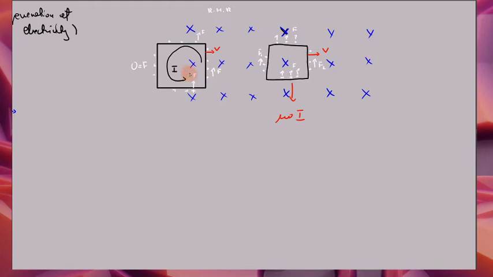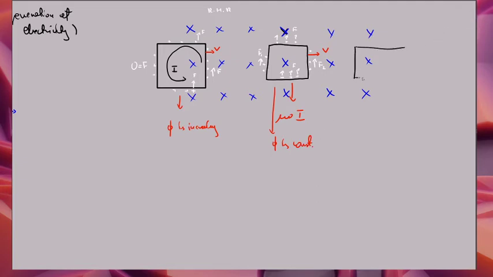Versus here, the force on this section of the wire is going to induce a current, but that is only because there's no force on this side. And in this case here, in red, flux is increasing. In this case here, flux is constant.